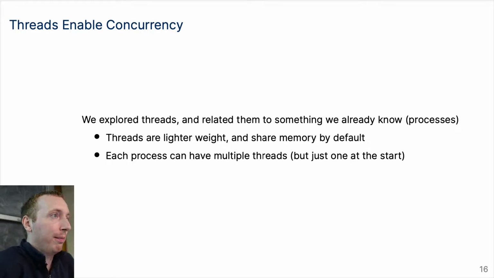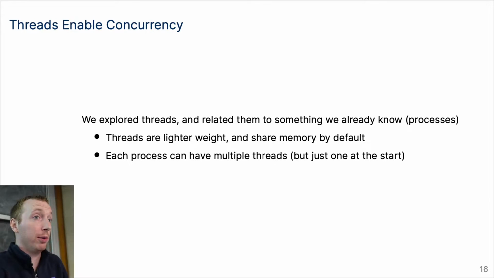So we explored them, related them to something we already know. There's equivalents for pretty much everything. But we know that they're lighter weight. They only contain the information of a virtual CPU, but otherwise they don't do anything in memory. They live in the same address space. And each process has multiple threads, but by default, a process only has one thread when it starts.